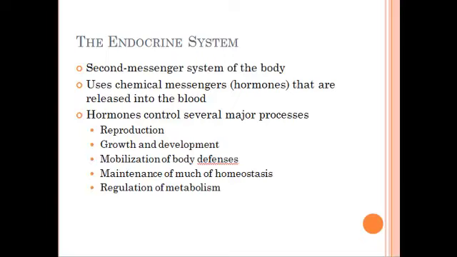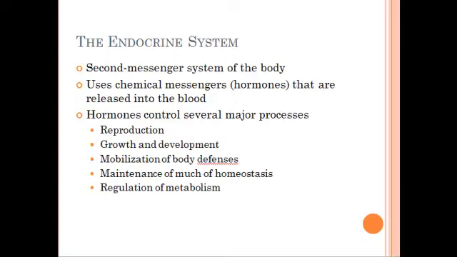Another thing about this system is it's not as direct. And what I mean by that is not necessarily that it isn't specific, because the hormones in our body are able to target very specific organs and do very specific things, but in order to get there, they take a more generalized pathway.